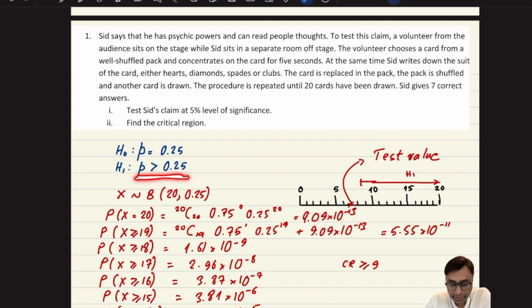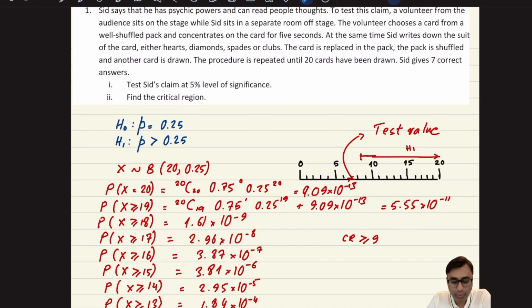Since it is an upper tail test, your critical region must lie at the upper tail. Since you are performing the test at the 5% significance level, the probability of the critical region is going to be 5%. You find the cumulative probability of values greater than a particular number and see where it exceeds 5%.